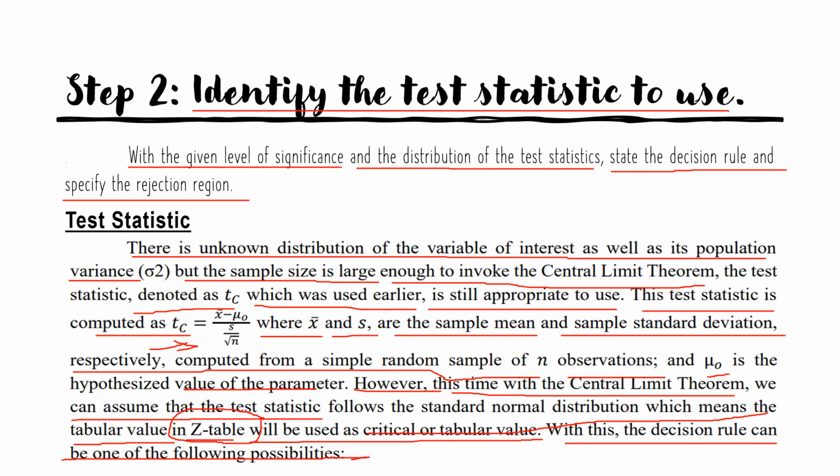But again, there is an unknown value of the population variance, that's why we apply this T. With the concept of the CLT, and the population standard deviation being unknown with a given value of the sample standard deviation, we simply apply the formula for this T, and we apply the critical value from the Z table. So these are the things that we need to consider in dealing with this type of example when we apply the CLT.